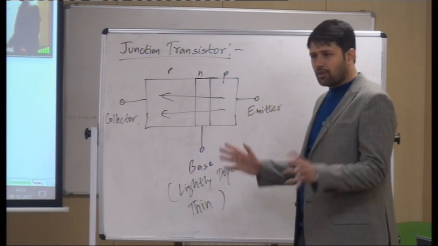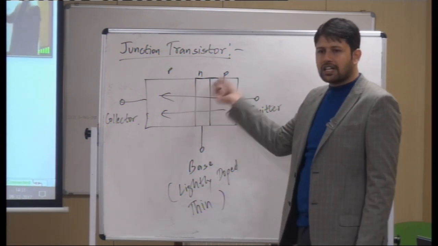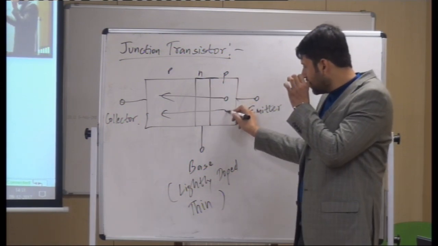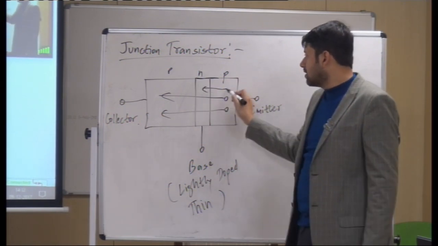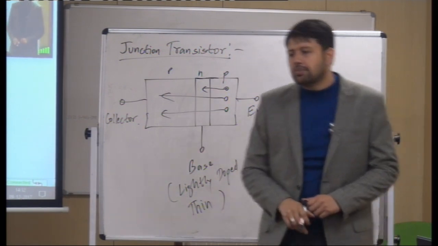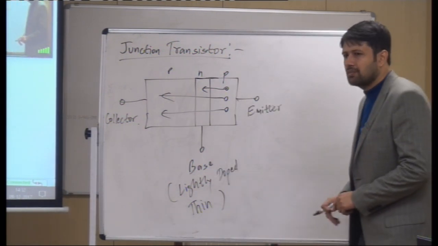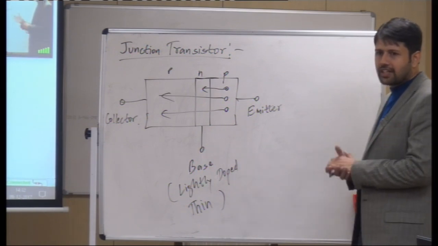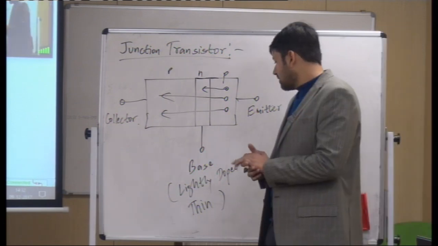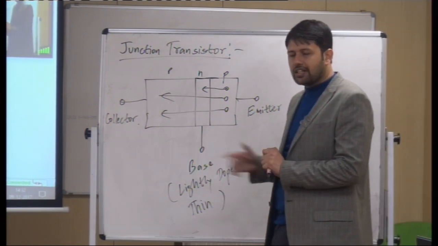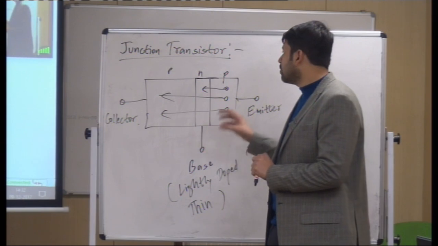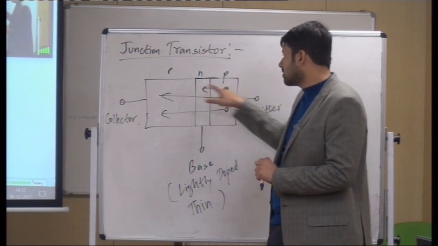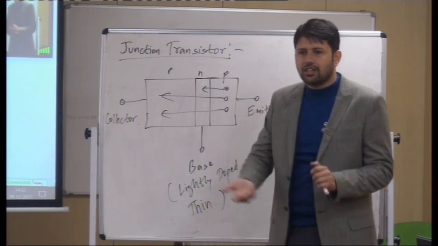If it is thick, there is more probability of holes settling here with any of the electrons, making the base positive, depleting it of charge carriers, right? So the base is made lightly doped and thin, lightly doped because you don't want many charge carriers here, because if there are many, these holes would combine with anyone and settle.